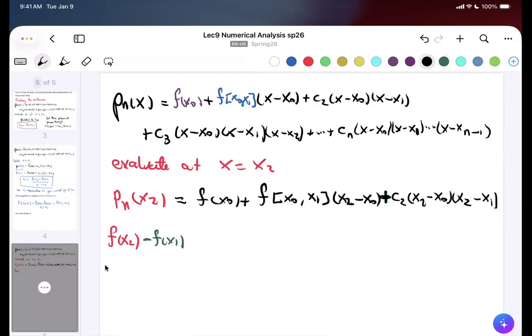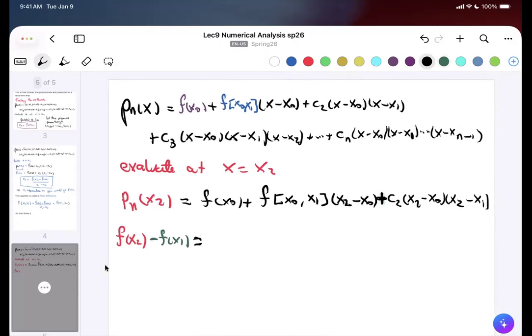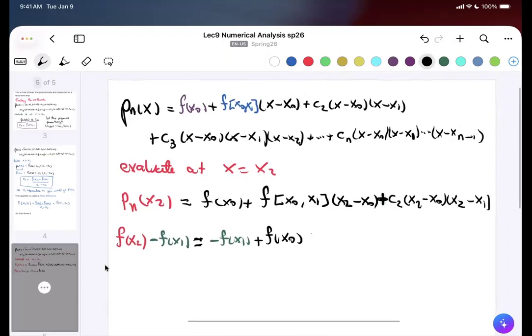I'll put it in green so that you see it is the same term being subtracted, and you'll see why in a moment. It's a convenient thing. Then I'll copy paste the rest as being the same.